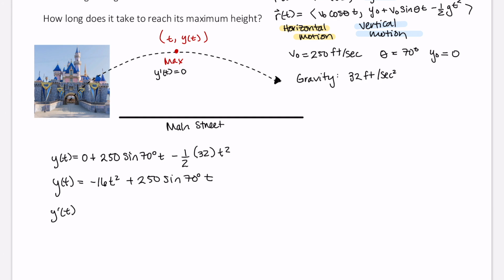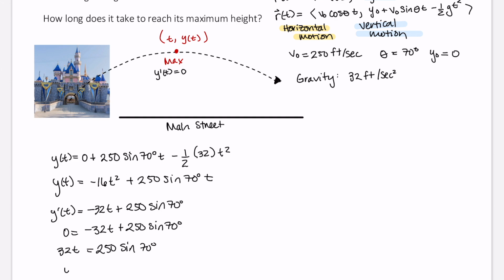Y prime of t is equal to negative 32t plus 250 sine 70 degrees. Setting this equal to 0, we have 32t is equal to 250 sine 70 degrees. So t is equal to 250 sine 70 degrees divided by 32.